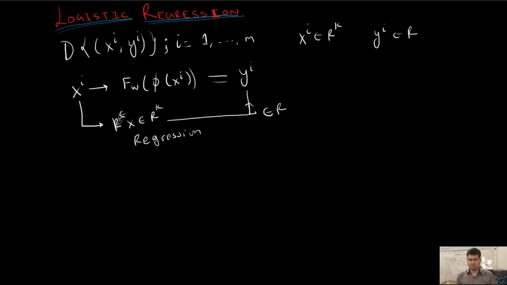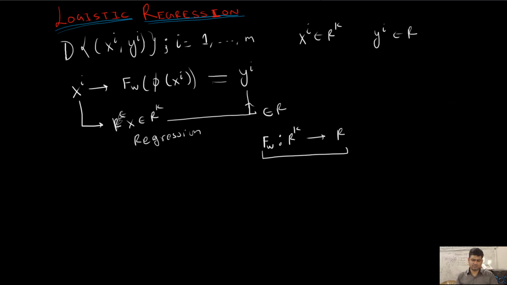That is, regression is basically learning a function that maps a real vector to some scalar, which is a continuous value. It maps it to a real scalar. So this kind of problem is known as regression. So today we are going to consider a specific class of problems known as classification.